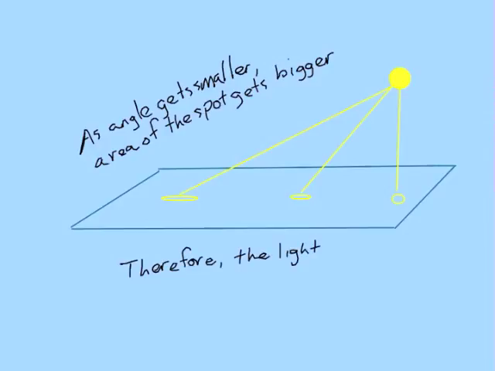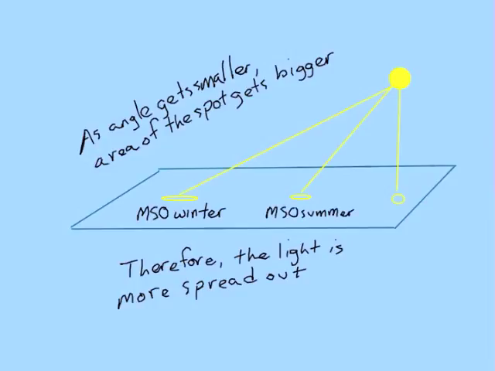Therefore, the light is more spread out. What that means is the Earth receives less sunlight, our part of the Earth, in the winter. Now notice that the sun is never straight overhead in Missoula.